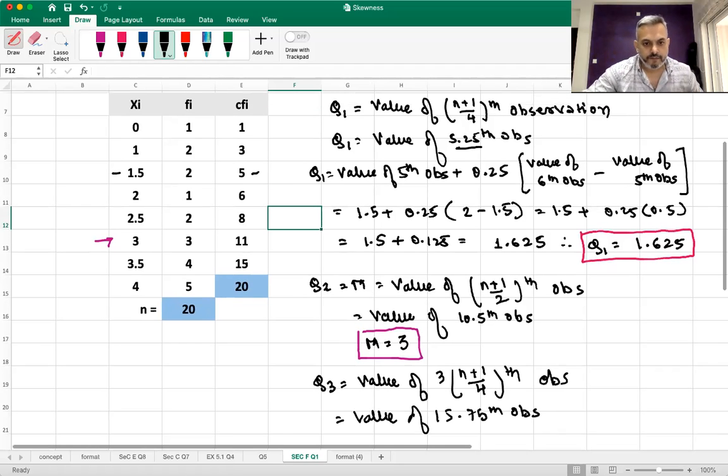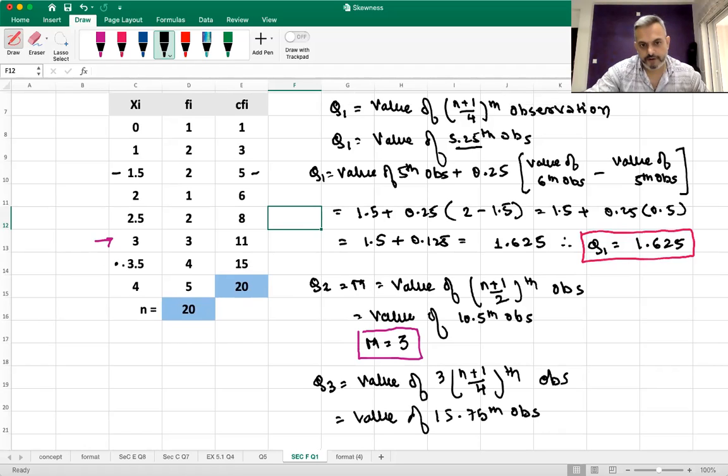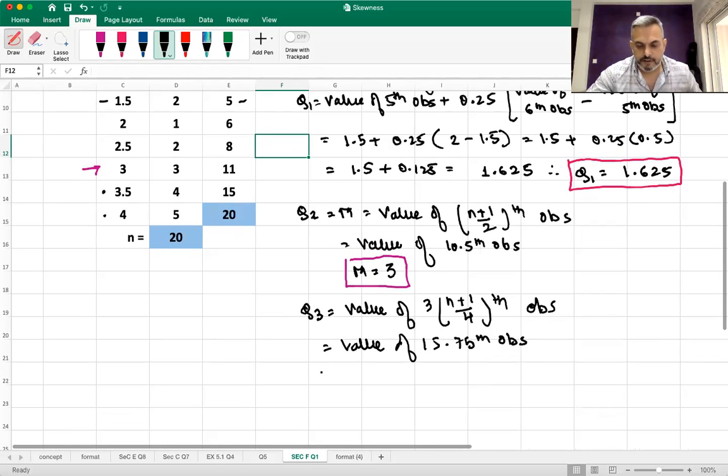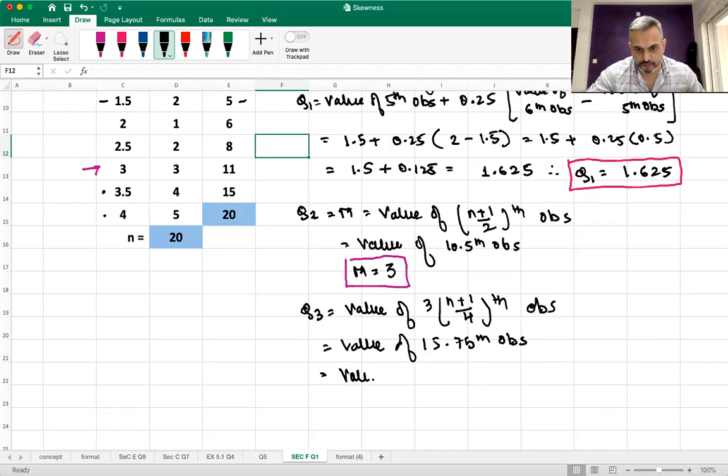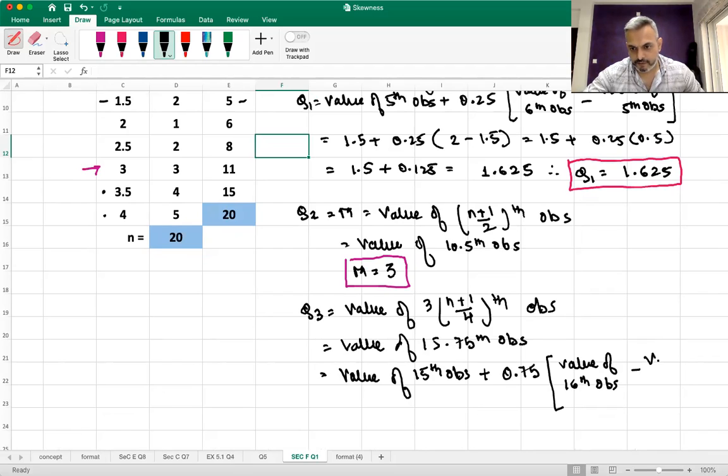So now 15th observation you can see over here is 3.5 and 16th observation, 15 के बाद वाला observation, is 4. So we'll go for our formula, which is equal to value of 15th observation plus 0.75 into value of 16th observation minus value of 15th observation.